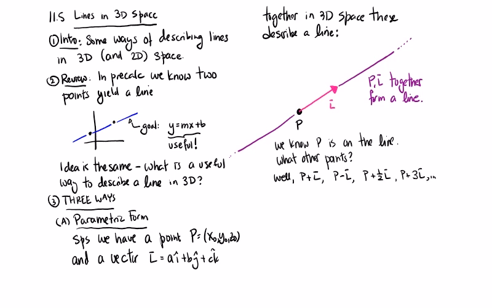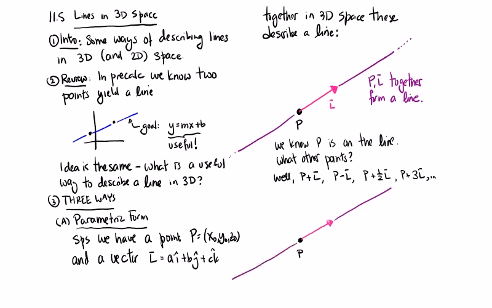So to understand what we're saying here, take our P. Let me draw the vector L again. Let me draw the entire line again. And then I'm going to mark off some of these points.